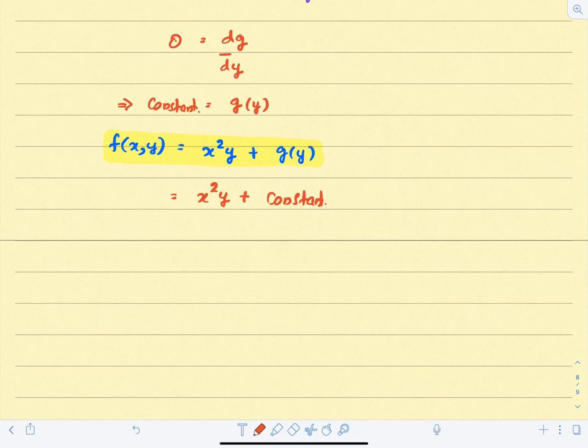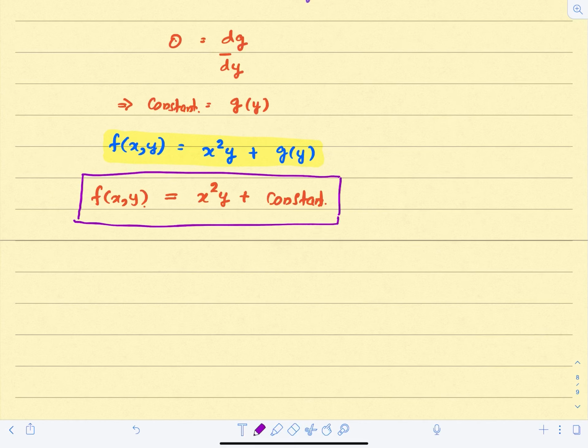So this is the general solution of the problem. We found a scalar potential function for the given vector field, and that scalar potential function is x squared y plus some unknown constant.